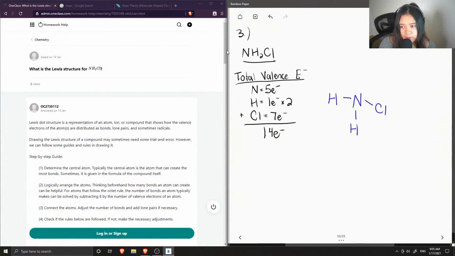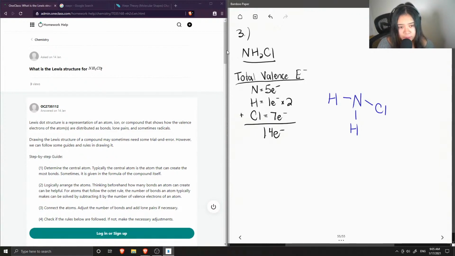So now that we have the skeletal structure, I can show all the lone pairs on my terminal atoms. In the case of hydrogen, we'll have no lone pairs since it only has 1 valence electron, and that is participating in the single bond. So it has no more electrons, so that's why hydrogen will never have any lone pairs on it.